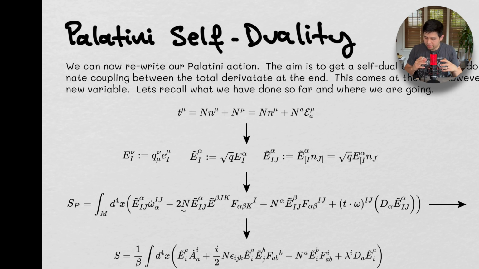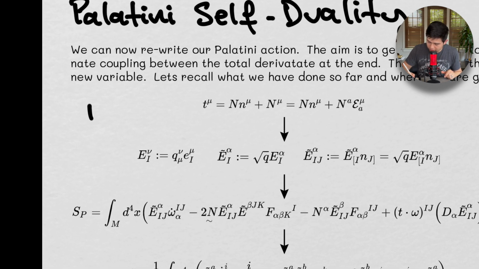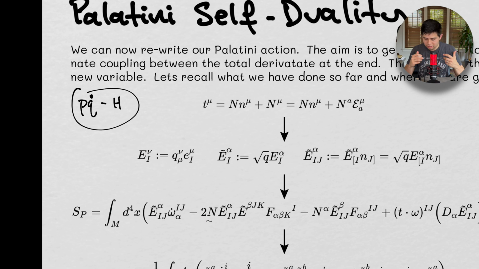We're going to keep everything there, but we're going to massage it in a way in which we want it eventually to look something like this, where we have p q dot minus H. So this is what we want inside the integrand. And when we do that, we're going to see what p and q are. Those are going to be our canonical variables for our quantum theory of gravity.